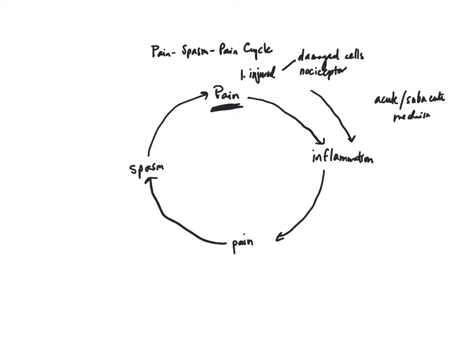We know we're in that phase by looking at the cardinal signs and symptoms. Remember, that was S, H, A, R, and P: swelling, heat, altered function, redness, and pain.